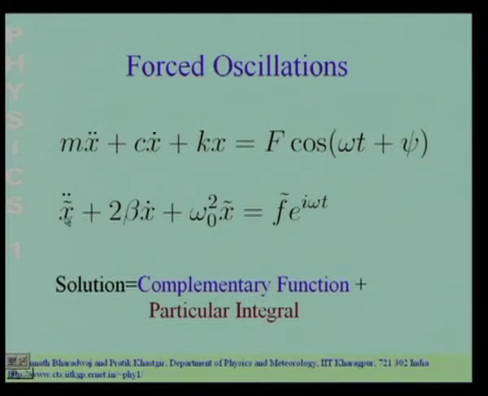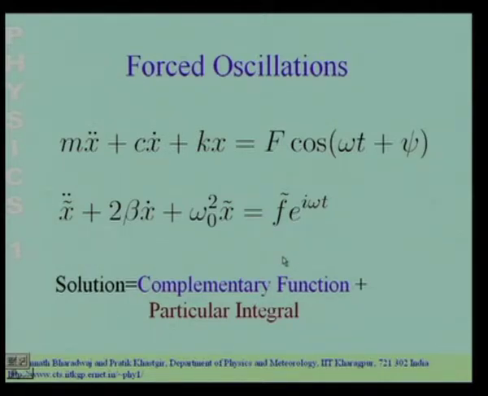We have studied the complementary function in some detail in the past few lectures, and we saw that for a damped oscillator under all circumstances, the solution when you have no external force decays exponentially with time.